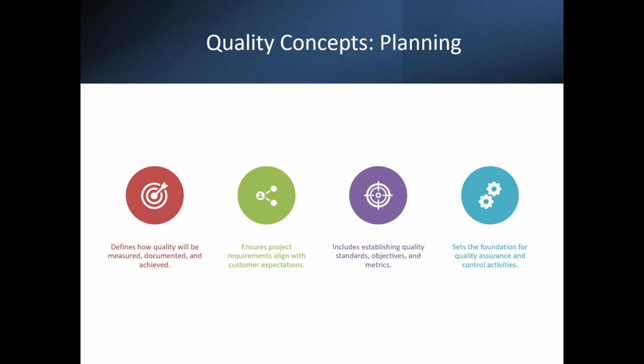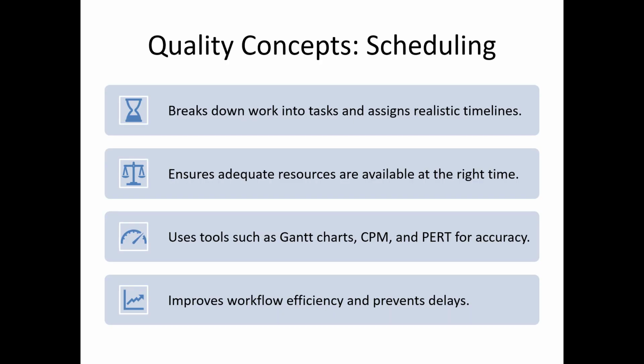The other part is the concept of scheduling. This talks about scheduling, transforming the project plans into a timeline of tasks. During this stage, work is broken down into clear activities and realistic timelines are assigned. Effective scheduling ensures that the right resources are available at the right time.